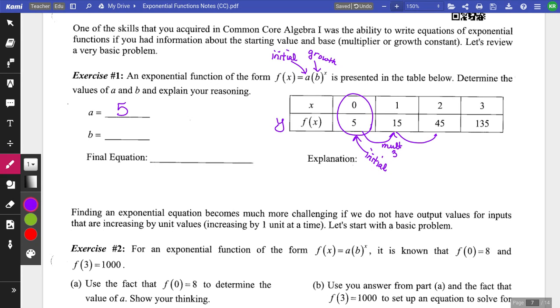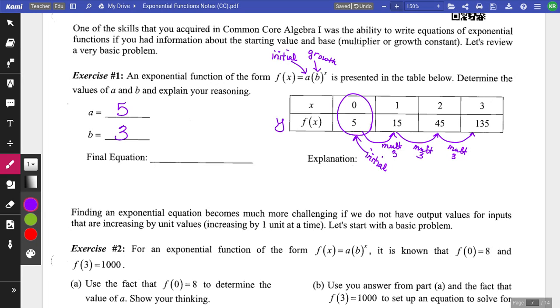If I go 15 to 45, you multiply by 3 again. 45 to 135, multiply by 3. If you can see that consistent pattern of multiplying by a value, that tells you you have exponential growth or exponential decay. So in this case, our B is going to be 3 because I multiply by 3 each time.